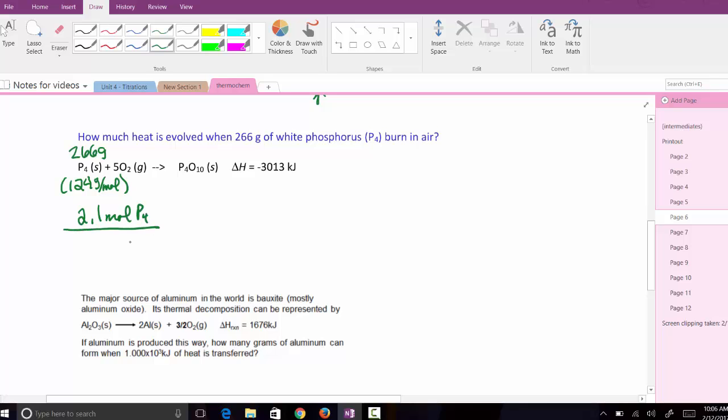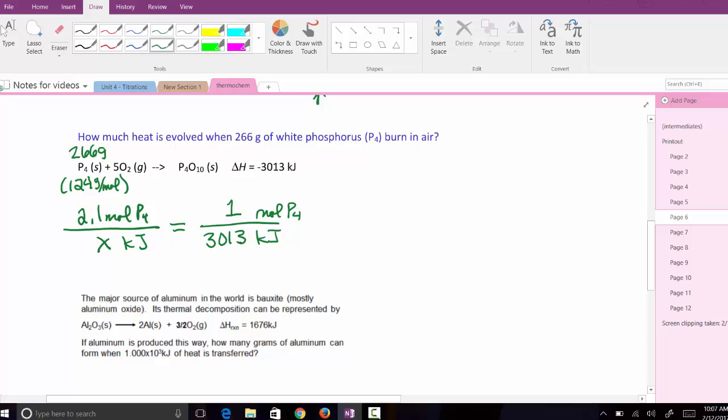And I want to know how much energy is going to be released. Well, from my balanced equation, the other ratio, I'm going to have same units, kilojoules to moles of P4, and my balanced equation says that 1 mole of P4 releases 3,013 kilojoules.